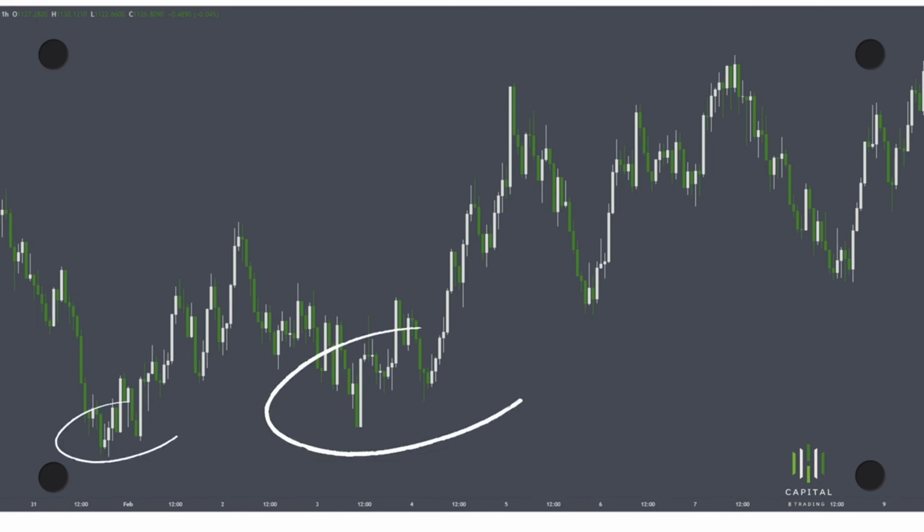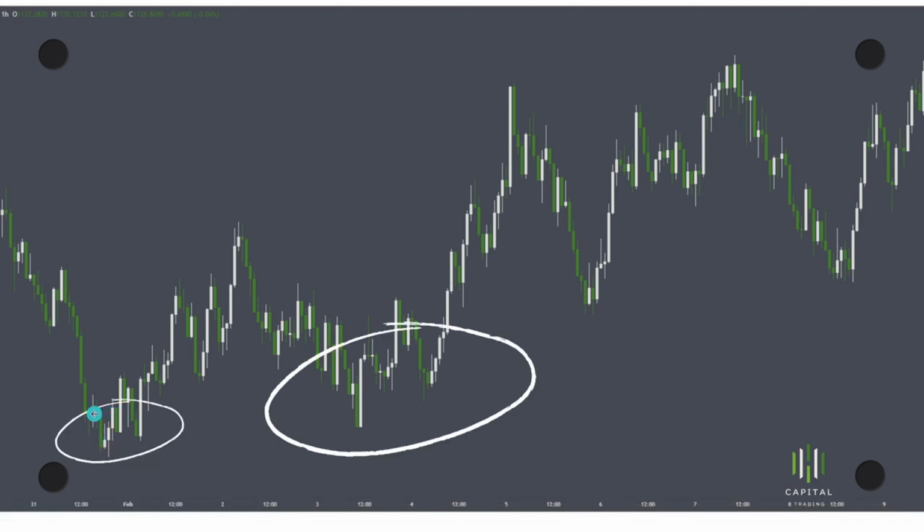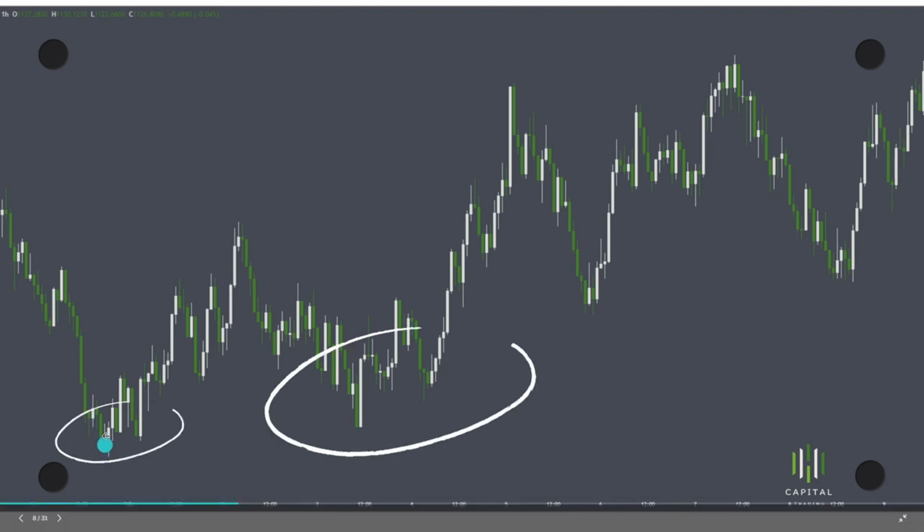On the screen, the highlighted areas, if you look at the first highlighted area, you look at this last down close candle, the green candle here, and you extend it to the right. We realize that what price did is price went up.